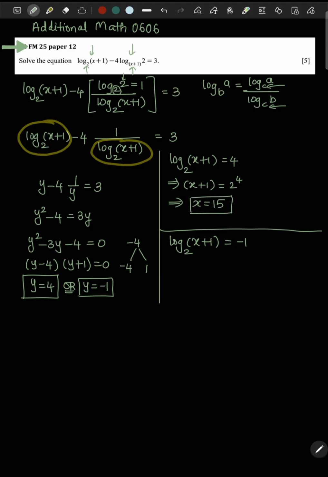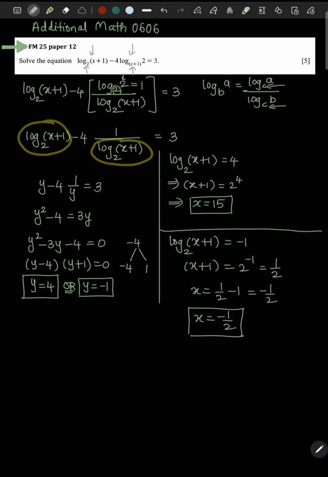So this is one possible value of x. Another possible value of x I get when I do x plus 1 equals 2 to the power minus 1. 2 to the power minus 1 is half. So my x value is half minus 1, that's minus half. So my other possible value is minus half.